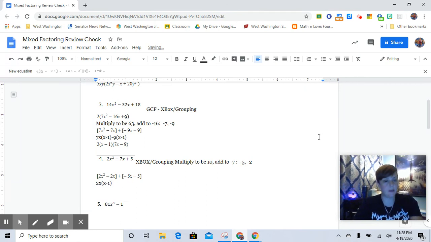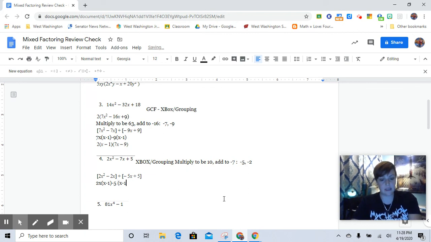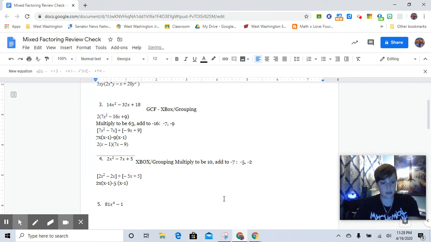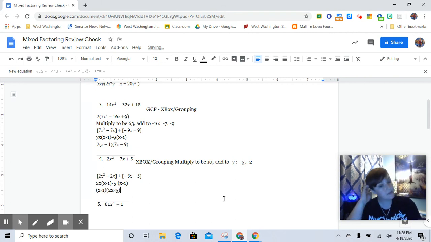It's the exact same. And then -5x and 5, a 5 comes out specifically in -5 because that lead term is negative. And then we're left again with x minus 1. And so see it twice, write it once, and we get x minus 1 and 2x minus 5. And so this is our final answer here.